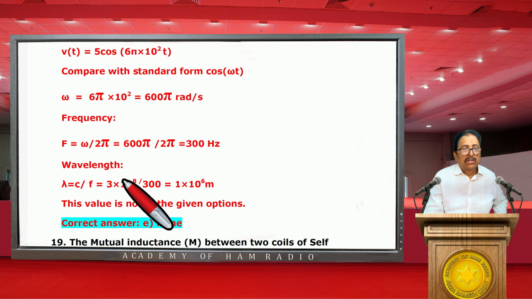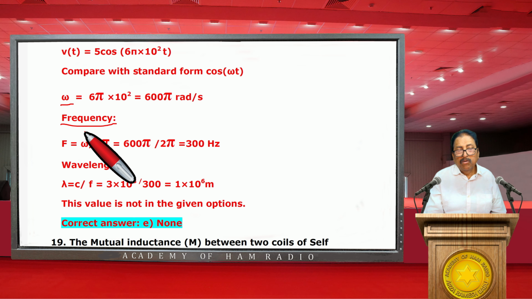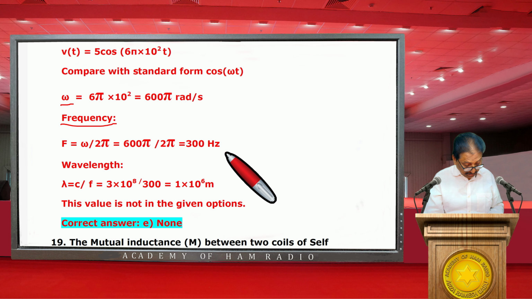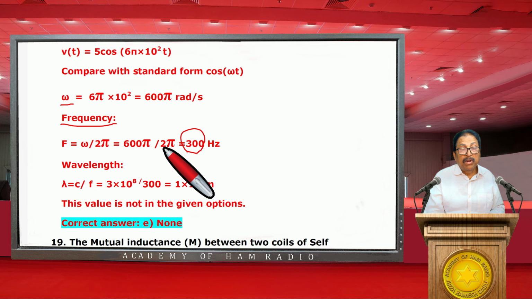Next, to change this angular frequency omega, we have to divide it by 2 pi. Omega by 2 pi is equal to 600 pi by 2 pi, which is 300 hertz. 600 by 2 is 300.